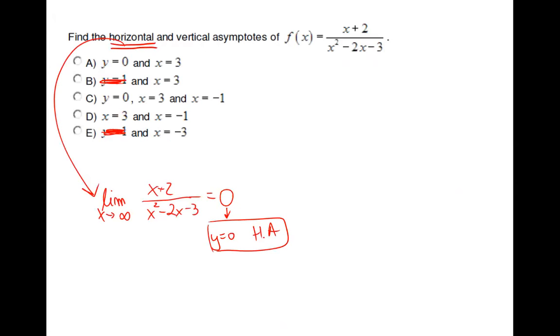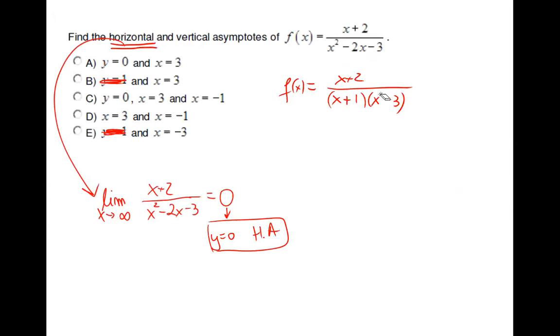Okay, and now we have to find the vertical asymptotes. Do you remember, we have to factor out our function completely. Is that correct? This is correct. Always factor out the numerator and denominator, and then look if you have any common factors.